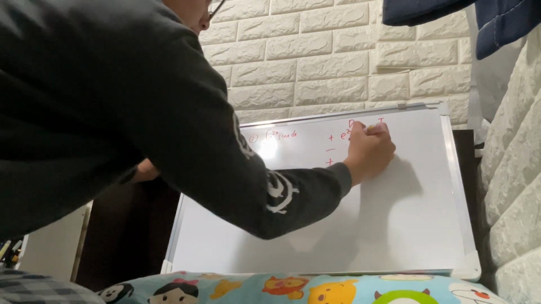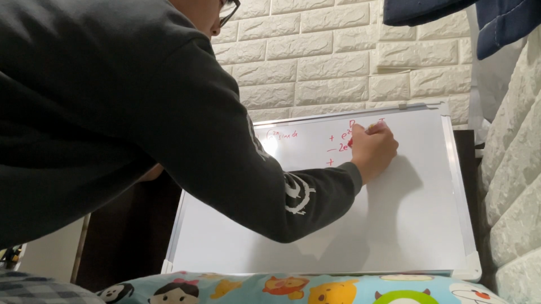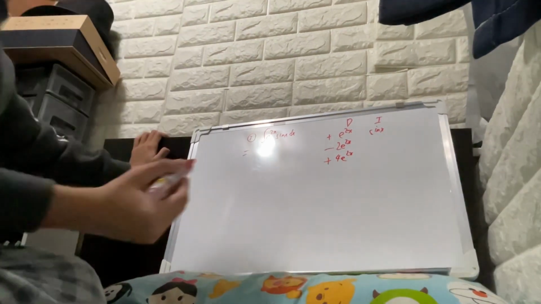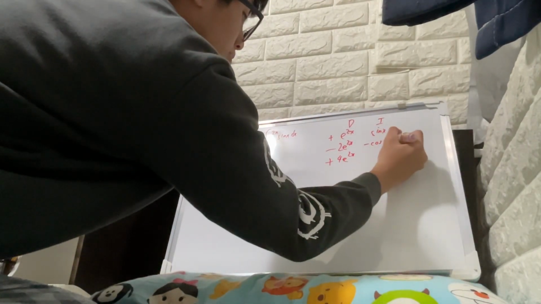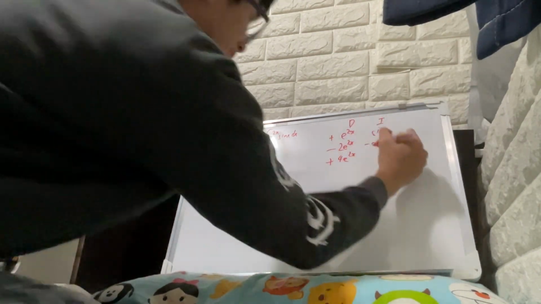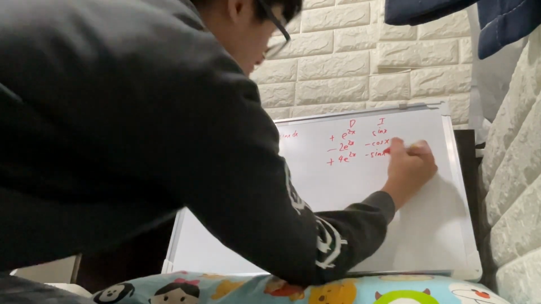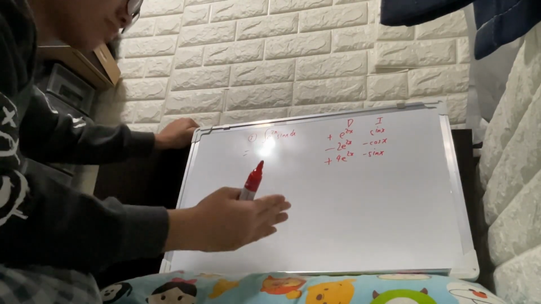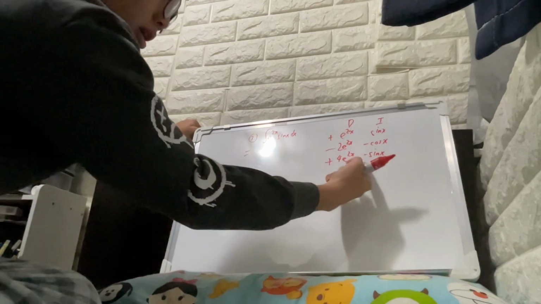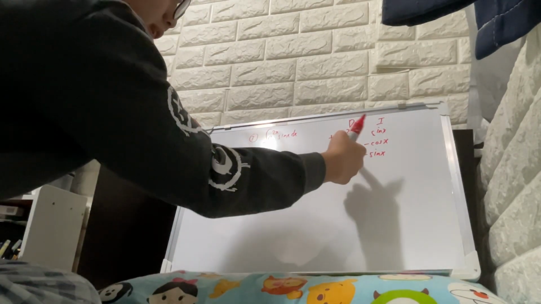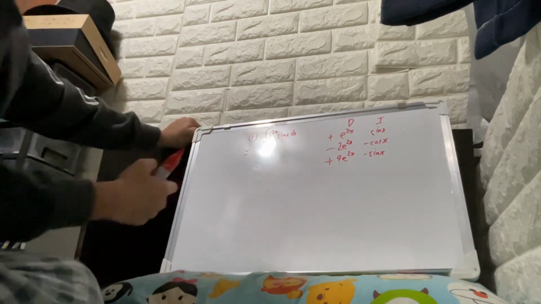Differentiating e to the 2x, you get 2 times e to the 2x, and then 4 times e to the 2x. Integrating sine x, you get negative cosine x, and integrating once again, you get negative sine x. When you see the repeat, you need to stop. Note that the integral of this has a negative sign, so you can move it to the left-hand side.